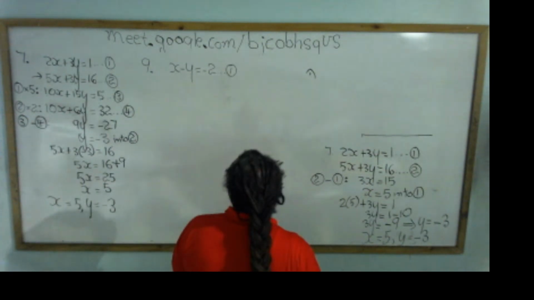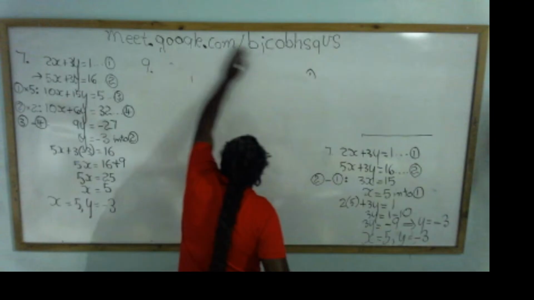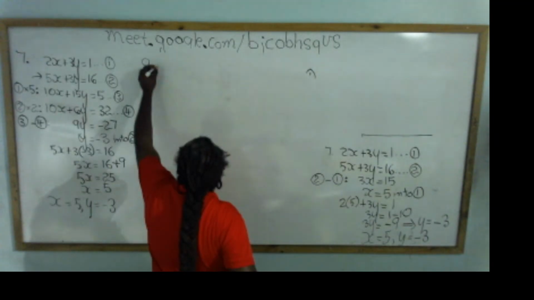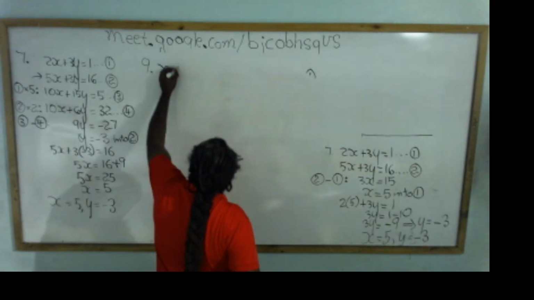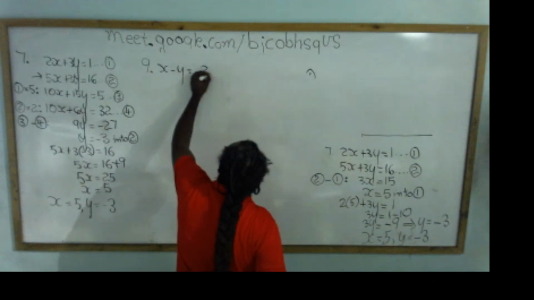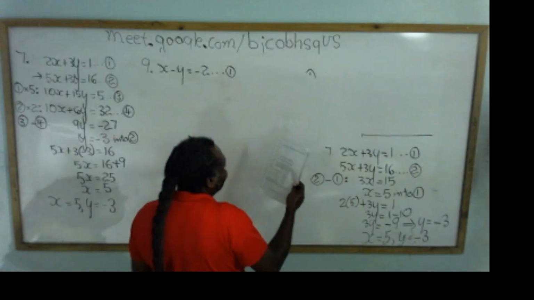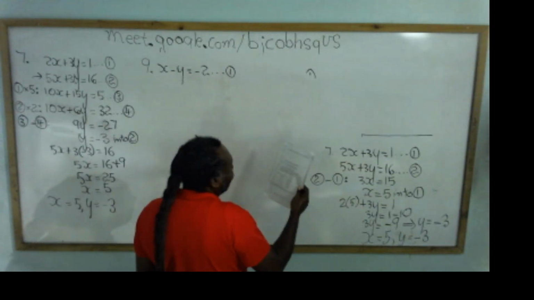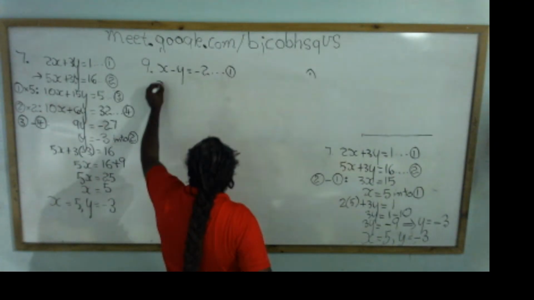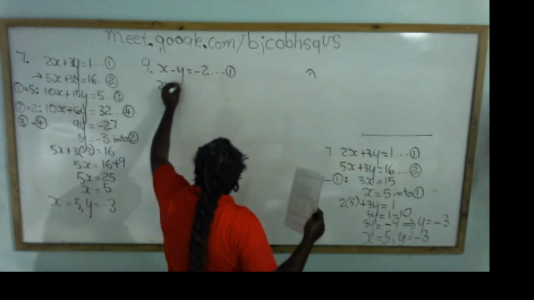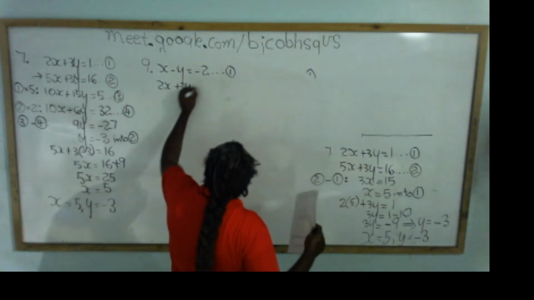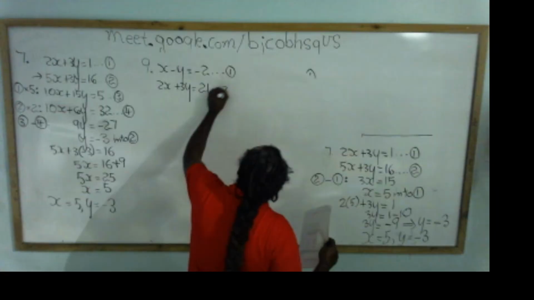Then 2x plus 3y is equal to 21. That's equation 2.